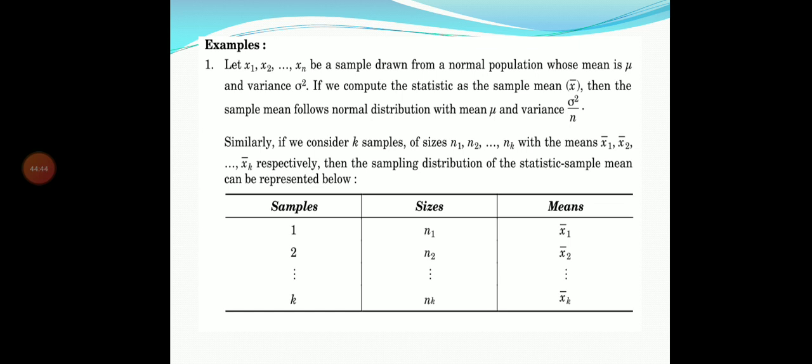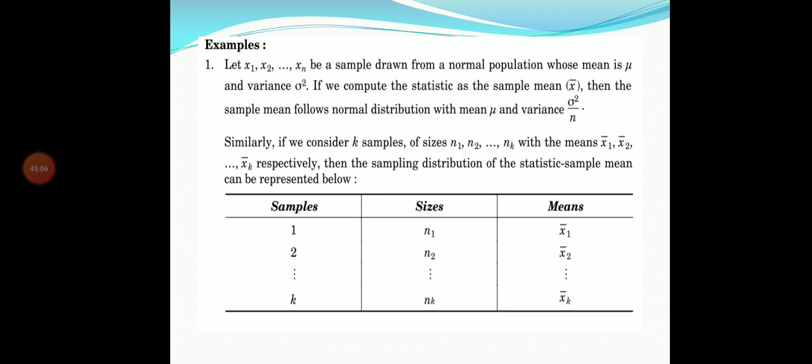Mu and sigma squared are called parameters here. X bar is a statistic because it is computed from the sample values x1, x2 and so on xn.